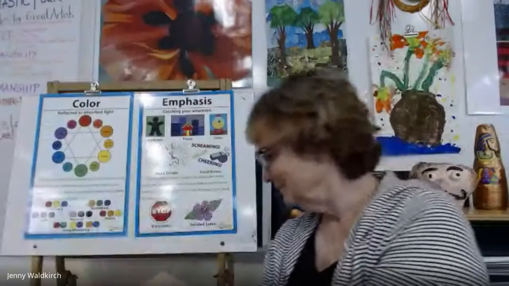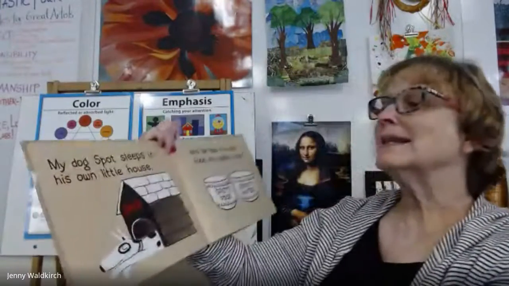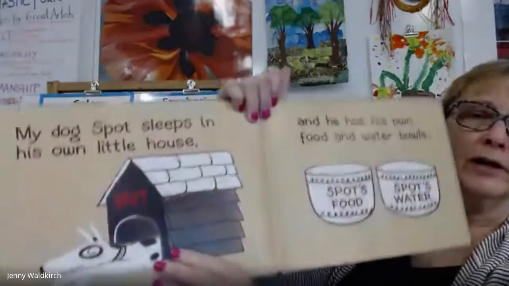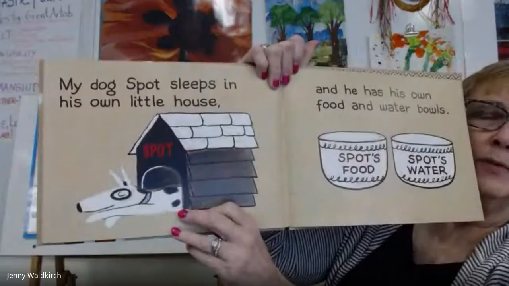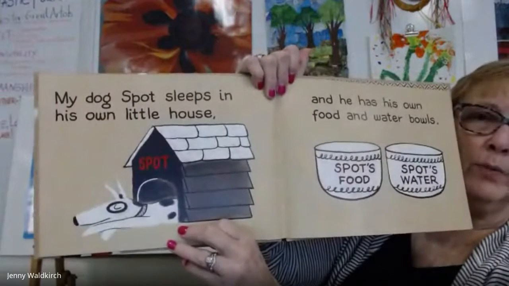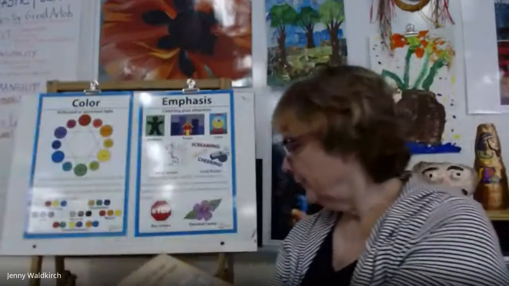They kind of look like eyeballs, don't they? My dog Spot sleeps in his own little house and he has his own food and water bowls. And look, they wrote Spot's name in red so it would show up really well against the black front of his doghouse.